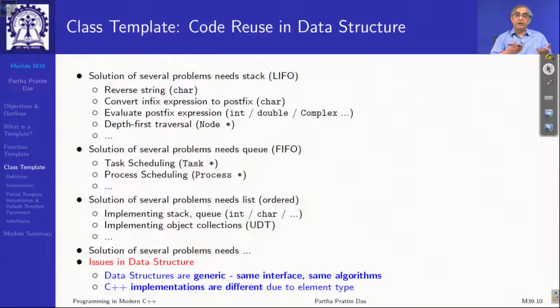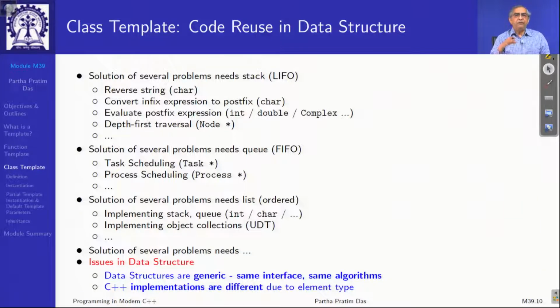For depth first traversal, we need a FIFO or queue for several different task scheduling problems, process scheduling problems and so on. We need a list for implementation of several data structures and even for several normal data maintenance activities and so on.